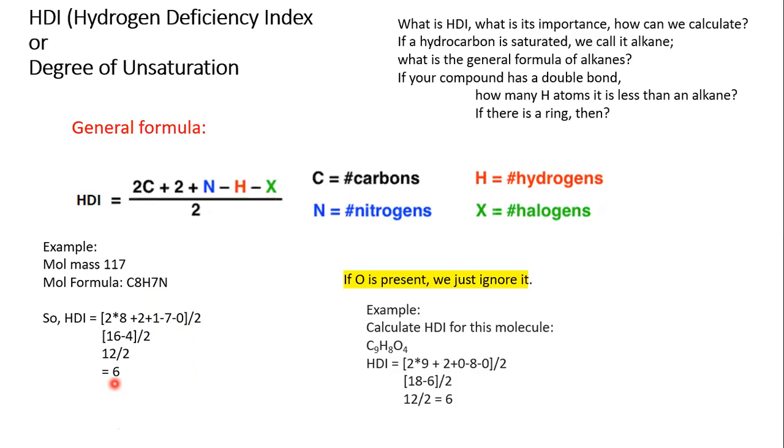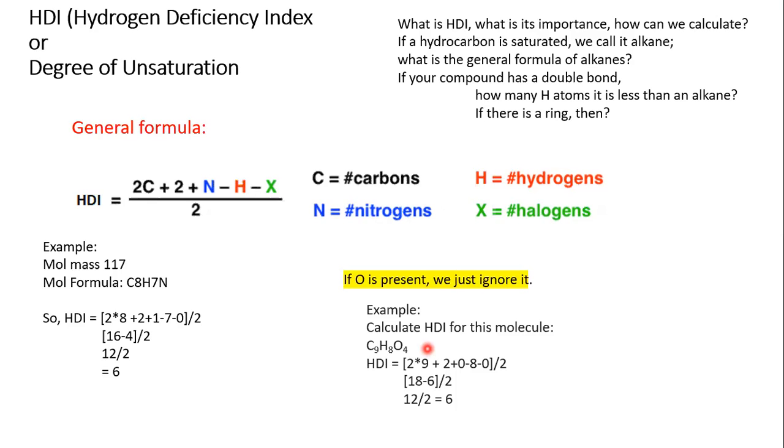And you can have any other molecular formula of this type and you can calculate HDI. Just remember one thing: if oxygen is present in your compound, just ignore it, okay? For example, you have this molecule C9H8O4, okay? And you are asked to calculate its HDI.